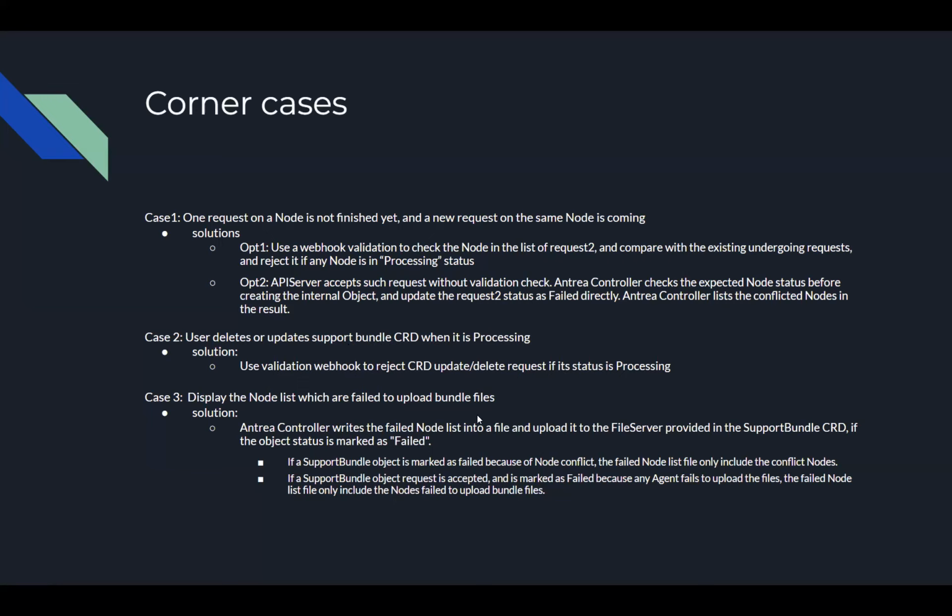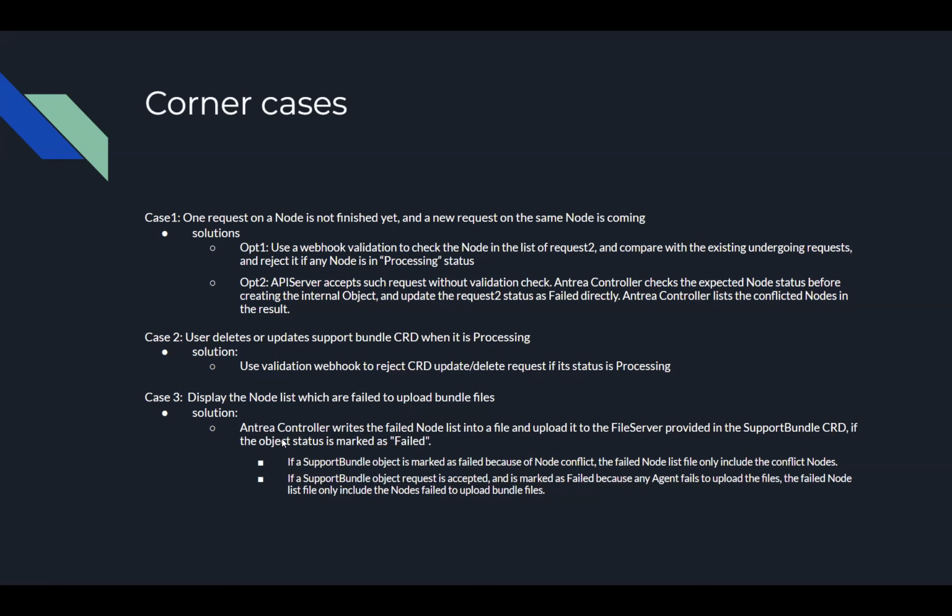The third case is that if there are many VMs, for example, hundreds or thousands of VMs included in the CRD request, how do we list which nodes failed to upload the bundle files? It is not efficient to include all the node names in the API response.